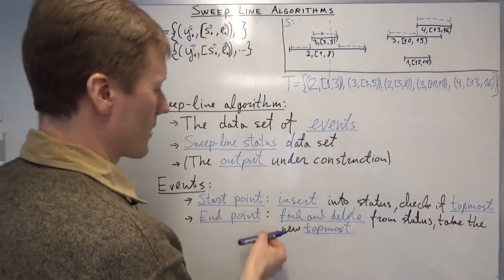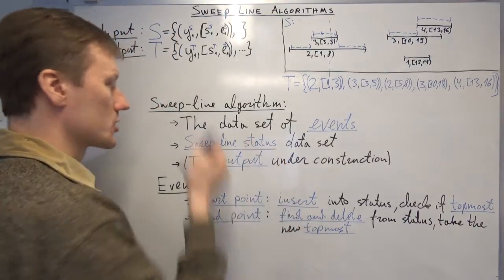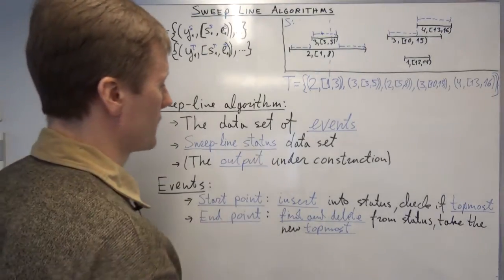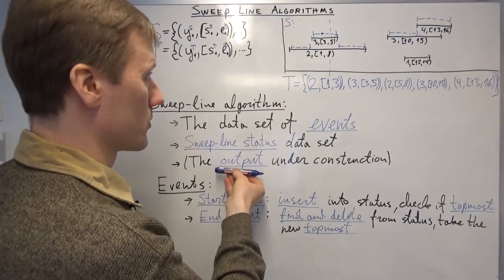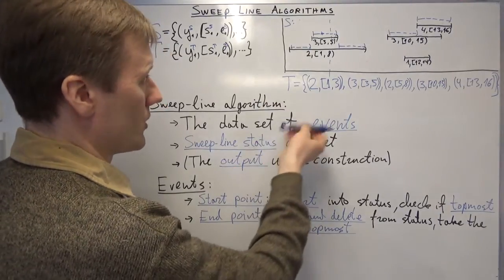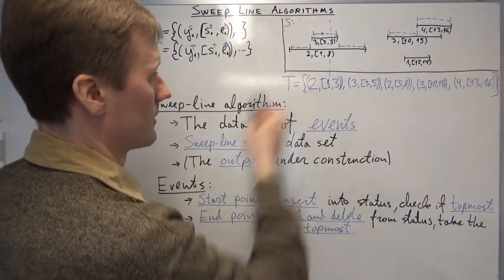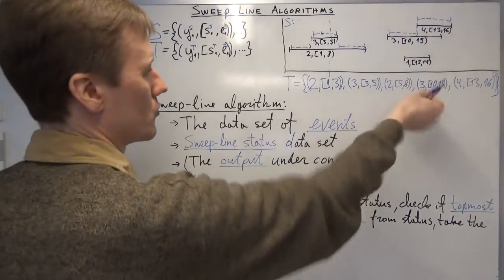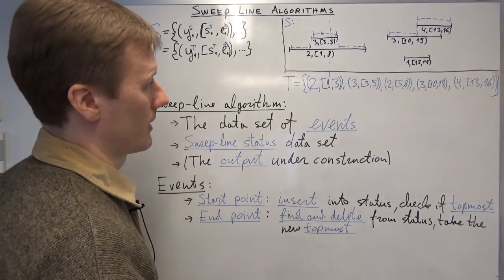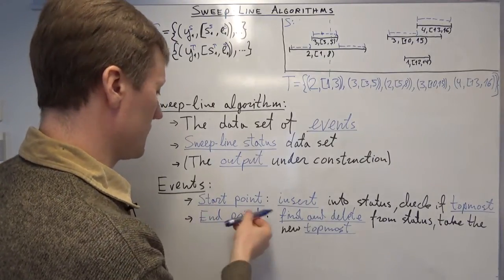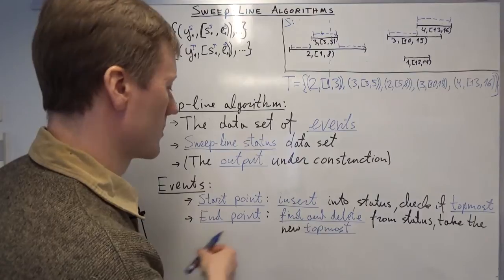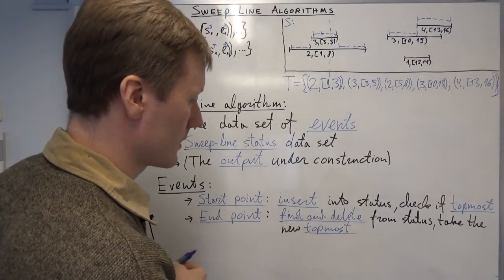So now that we know what kind of operations we do on this data set, we can choose an efficient data structure. We can see that for the output, it looks like we just append intervals to the end of the output. So this could be a simple array or a linked list. But for the sweep line status, we want to efficiently insert into it.